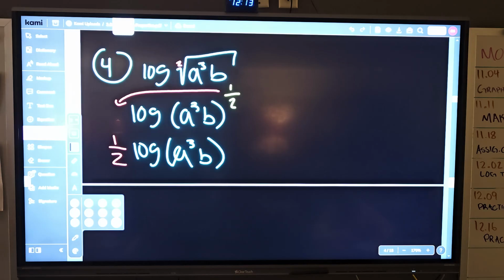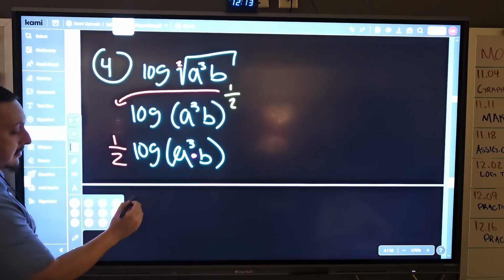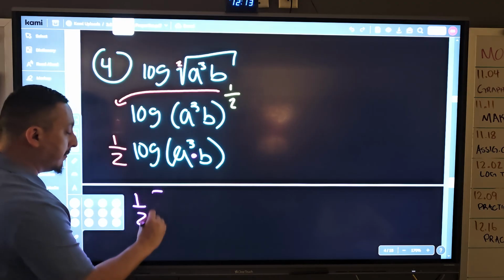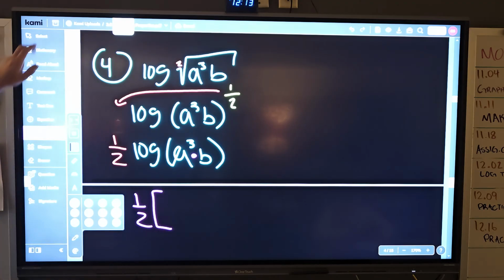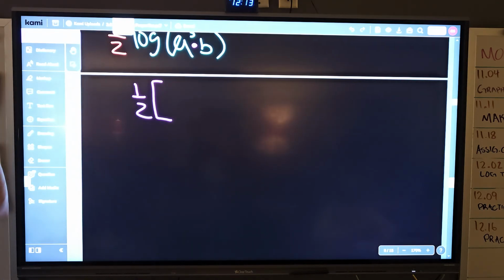Now, on the last one we couldn't do anything, but can we do something beyond this? Yes, because it's multiplying, product rule. Product turns to what? Addition. We're multiplying the A times the B, so we can split them up into addition. The 1/2 is multiplying times all of this, so I have to put a bracket or parentheses there to say that 1/2 will still be multiplying times all of that stuff.